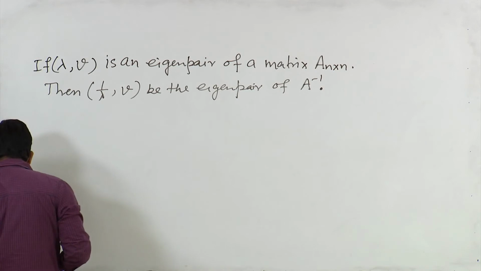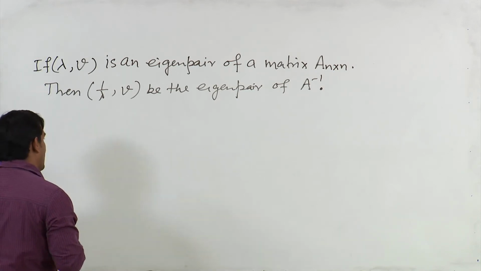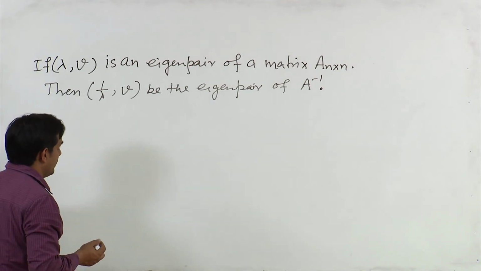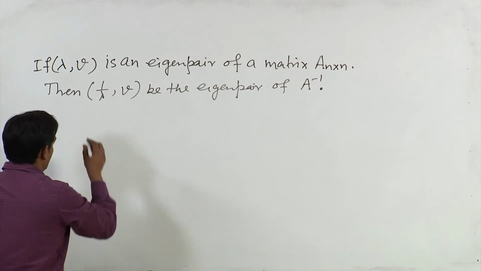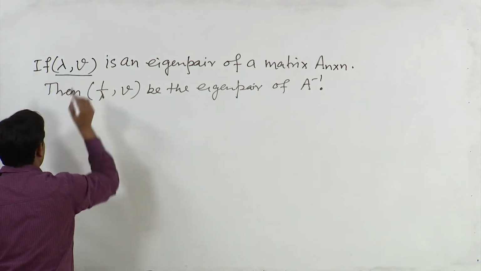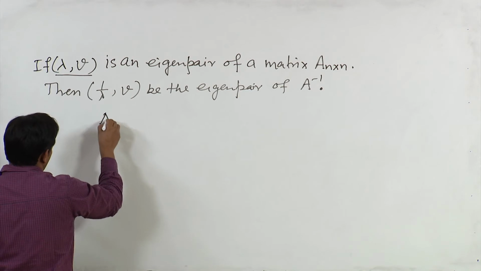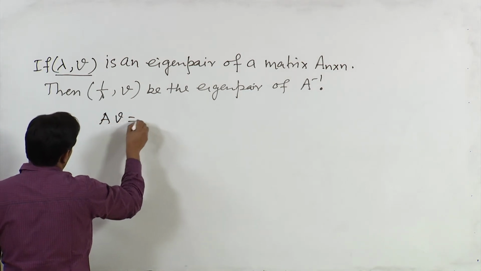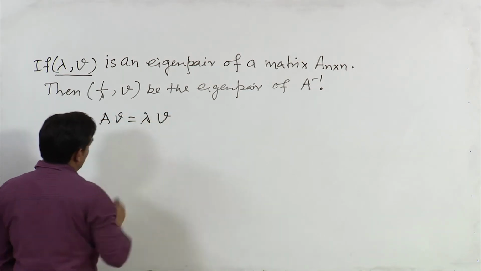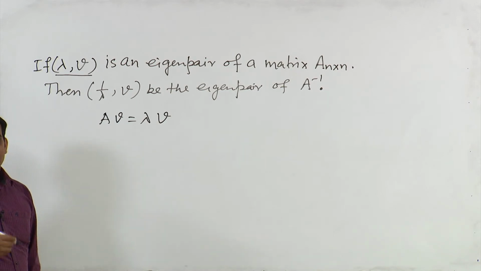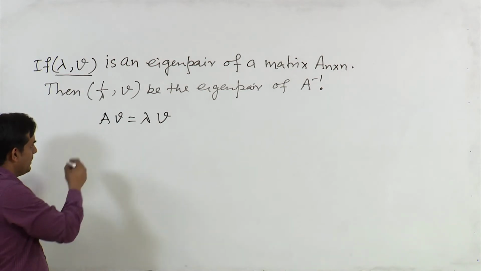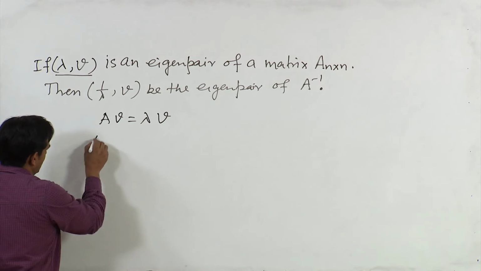This is one of the rules, and this can be shown very easily. As it is the eigenpair for A, I can write A V equals lambda V. If A is invertible, then I can multiply both sides by A inverse.